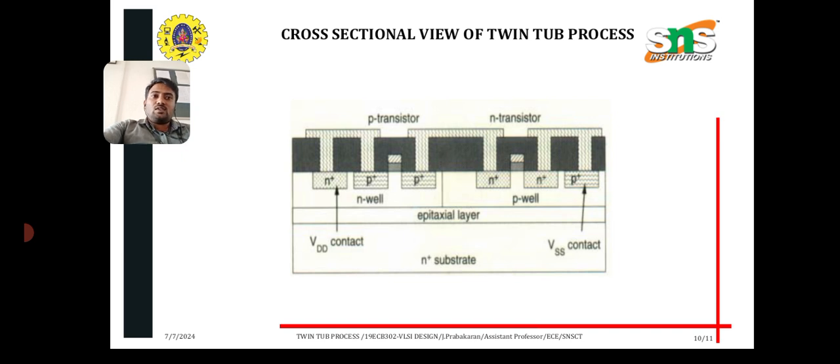This cross-sectional view illustrates how the twin tub process isolates different types of transistors in separate regions. Here you can see the diagram, and how the subsequent layers and structures are built to connect these components and enable the functionality of the integrated circuit. Each layer and region plays a critical role in defining the electrical characteristics and functionality of the semiconductor device.